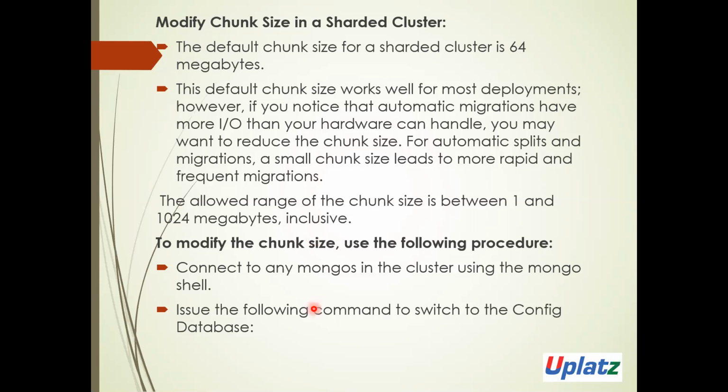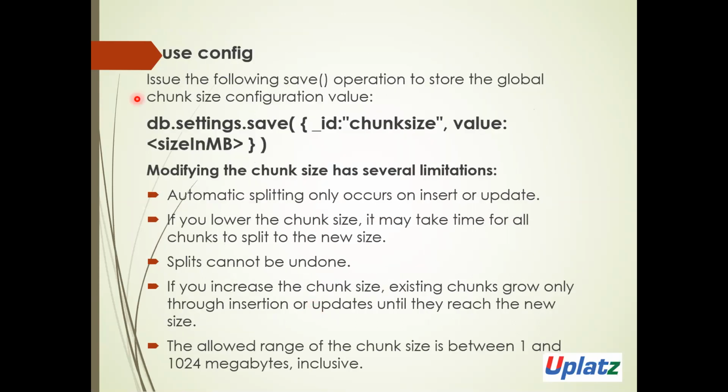First, we need to connect to any of the mongos in the cluster using the mongo shell. After that, we need to switch to the config database. So after connecting, I have switched to the config database, and then I'm doing a save operation to store the global chunk size value. After that, there are several limitations. Automatic splitting occurs on an insert or update.